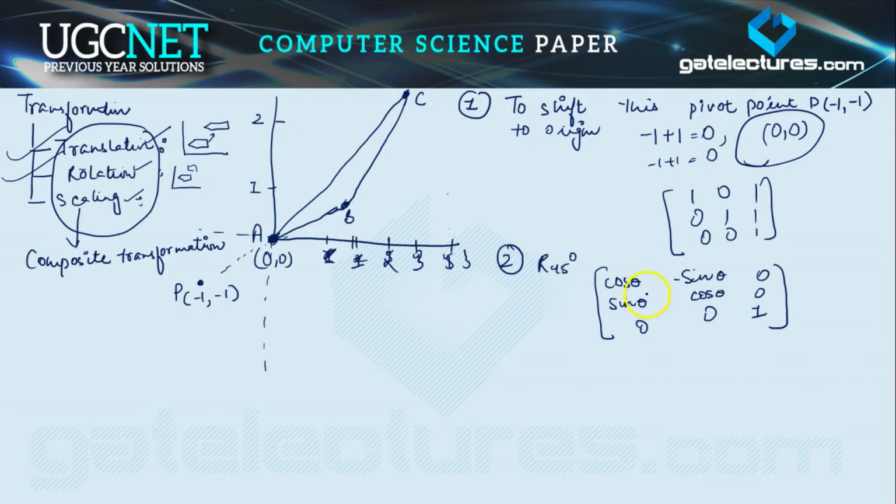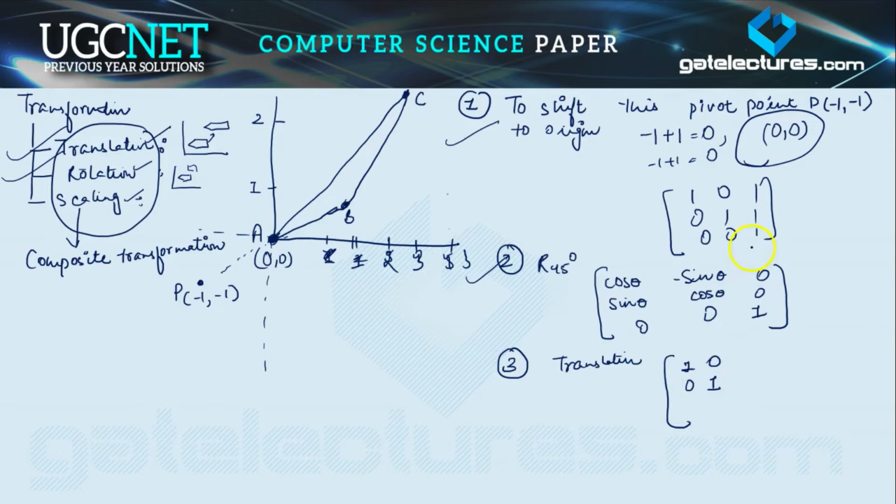So now this is step number 1, this is step number 2, and what will step number 3 be? Step number 3 is I want to place this particular point at its original position. So for that also I need a translation matrix. Now this time the translation matrix is what? This is 0 and 1.